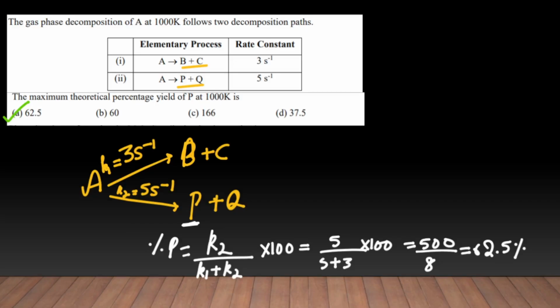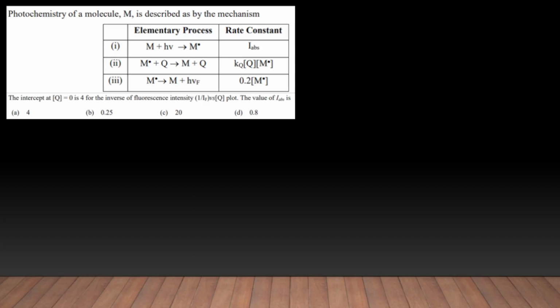The next question we have is this one. It says the photochemistry of a molecule M is described by a mechanism. The various processes taking place in it are shown. The molecule M, by absorbing h nu energy, becomes the excited molecule M star.